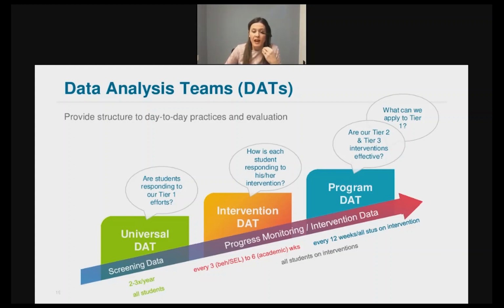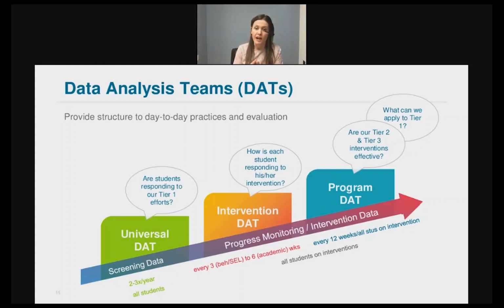And the question we ask if you have a universal data analysis team is, are the students responding to our tier one efforts? As we move on, maybe we've identified who isn't responding to the core instruction and who needs intensive interventions.